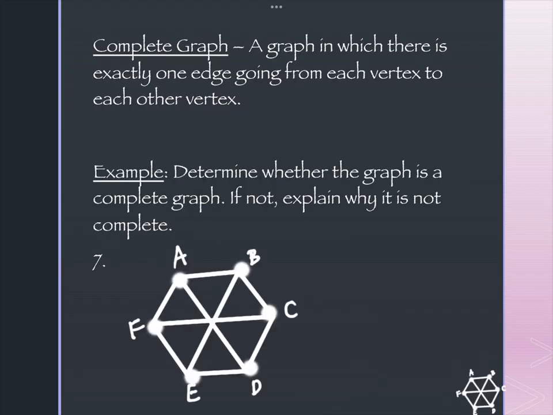All right, a complete graph. A complete graph is a graph in which there is exactly one edge going from each vertex to each other vertex.